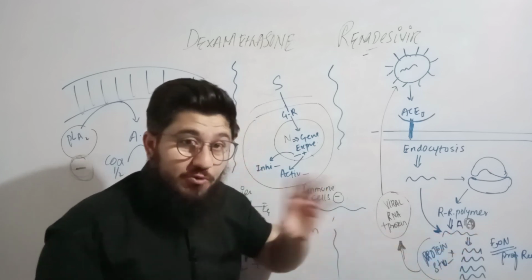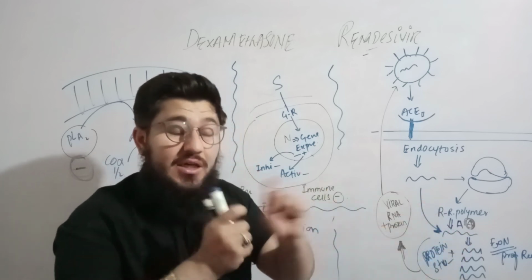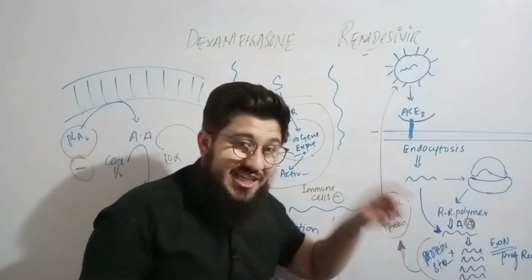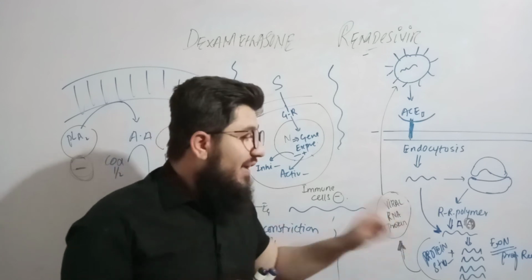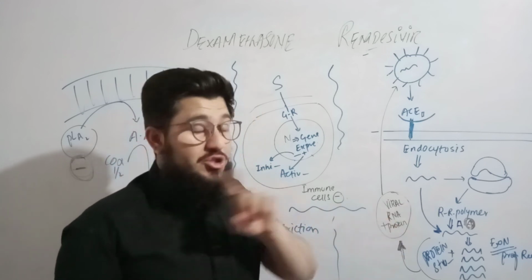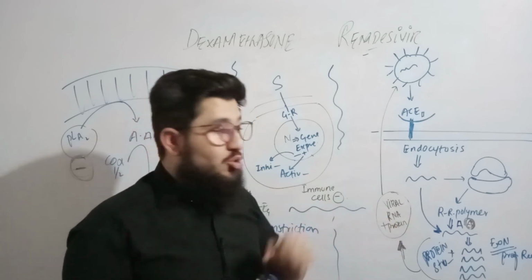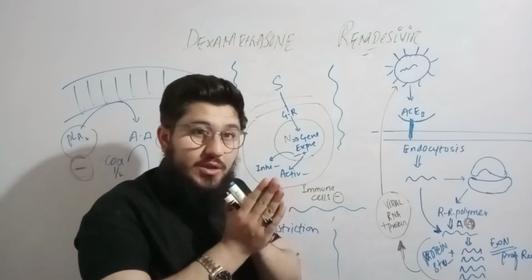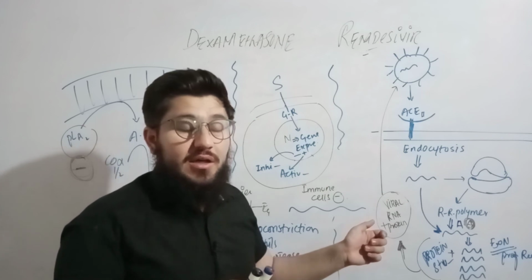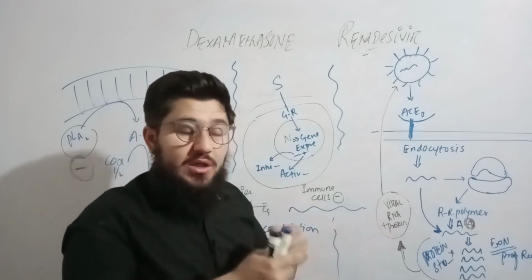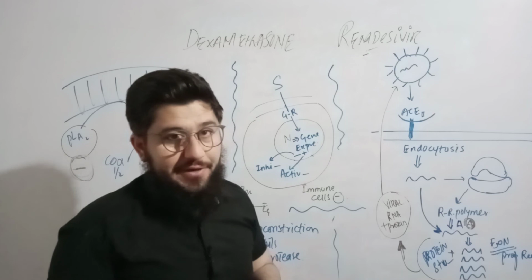This is supposed to proofread the newly synthesized viral RNA. So if it is proofreading, it will find a new type of adenosine which is not part of the viral RNA. So it is supposed to split this particular adenosine and make the new one, or resynthesize the new RNA.